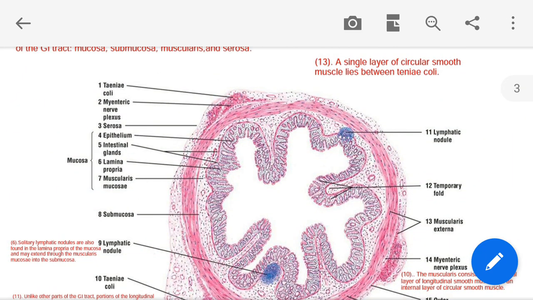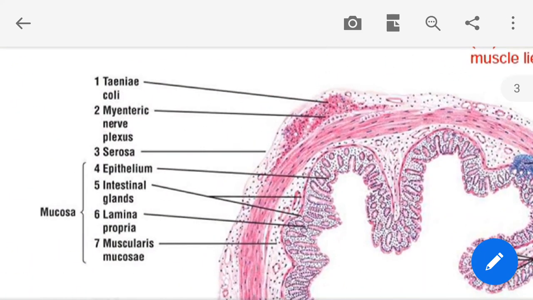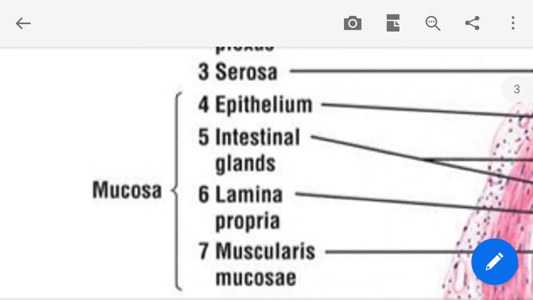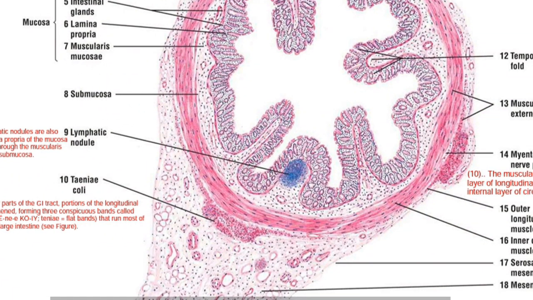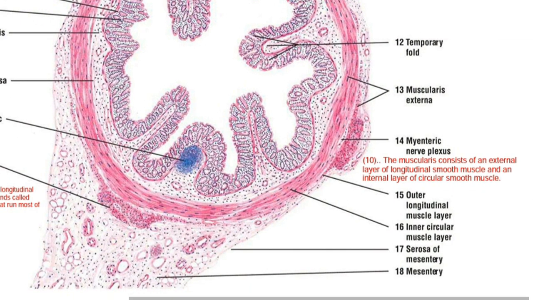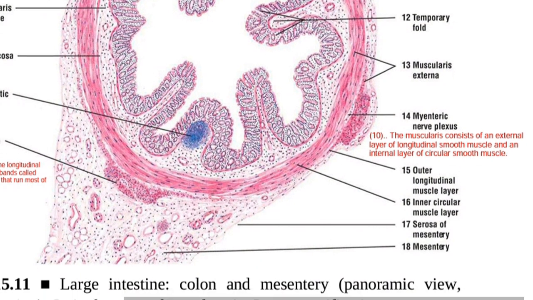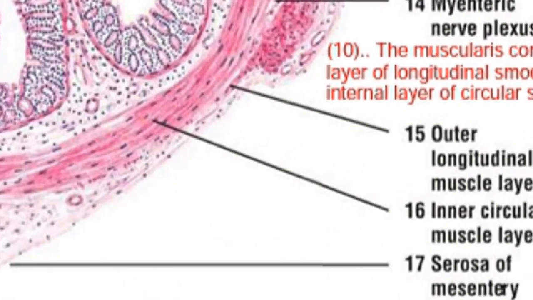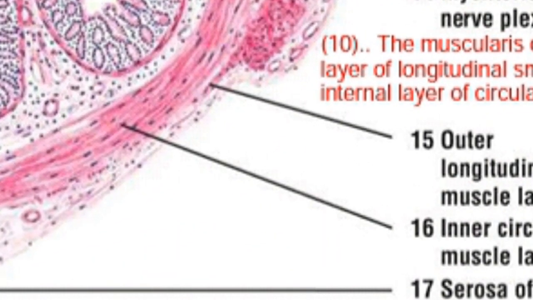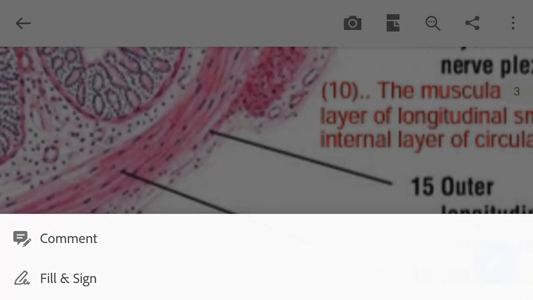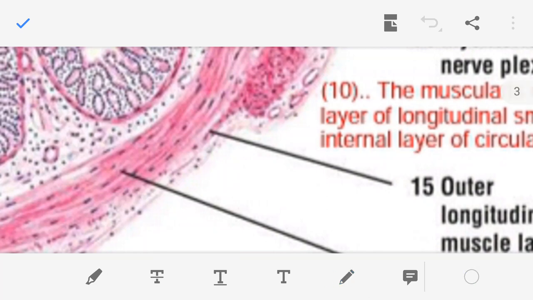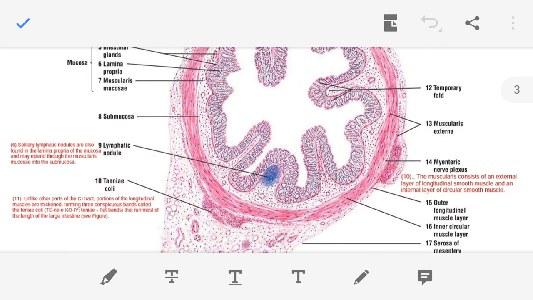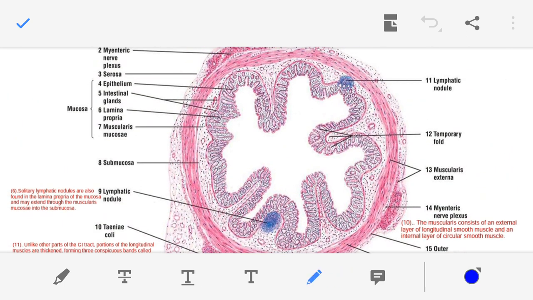First, the outermost one is the serosa. Let me show you the serosa. This is the outermost layer. And here this one is the lumen. There is food here.